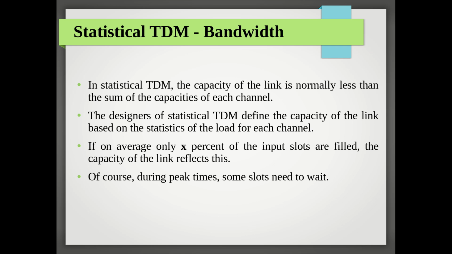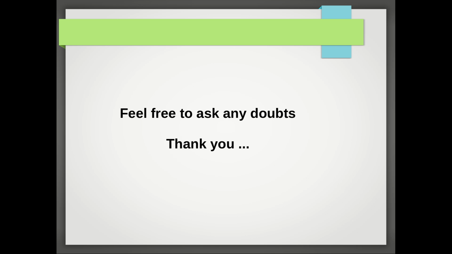So definitely they have to wait for some time, because based on our previous statistics we allocated the capacity, but suddenly due to some reason there is some peak data rate coming, definitely they have to wait. There is no other way. So that is about the bandwidth utilization of statistical TDM. With this we will wind up the concept of statistical TDM.